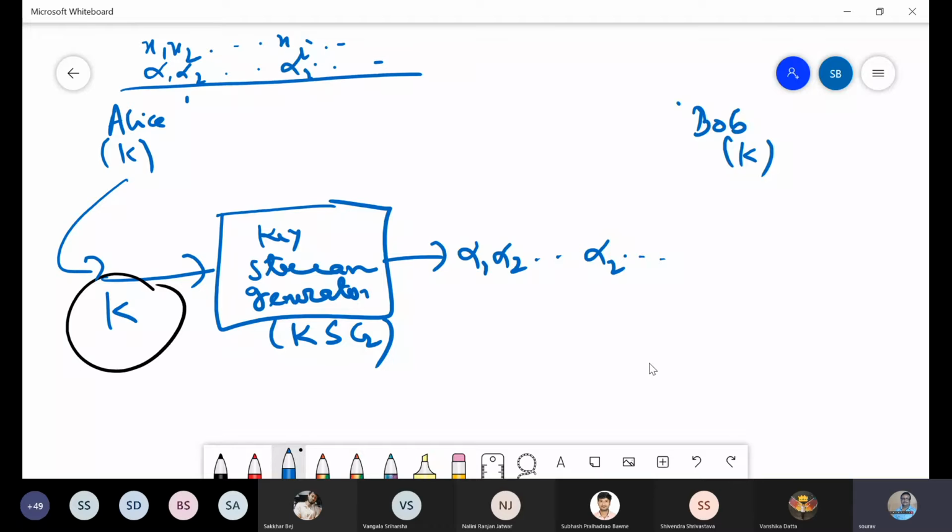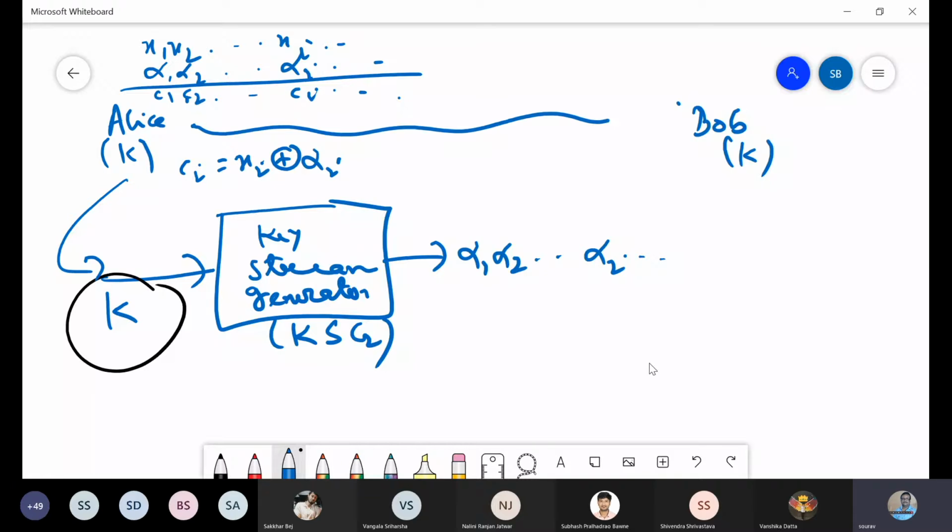Do the joining, get c1, c2, ci, and so on. What is ci? ci is basically xi XOR alpha i. Alice will send this stream of ci to her friend Bob.